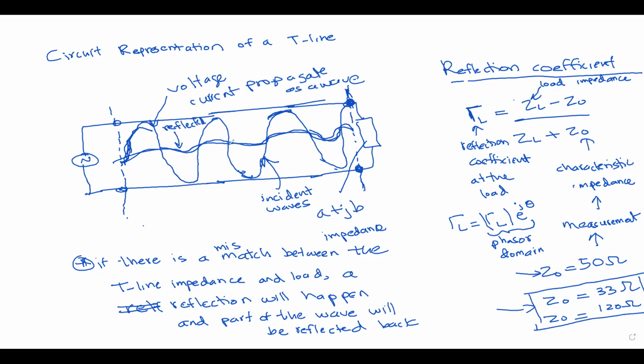The part of the wave which is getting reflected back is shown as the reflected wave. The other part of the wave has been consumed by this antenna. It has consumed most of the energy, but the rest of the energy has been reflected back into the circuit. So the reflected wave has a different amplitude than the incident wave's amplitude.